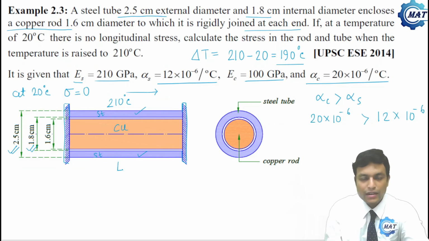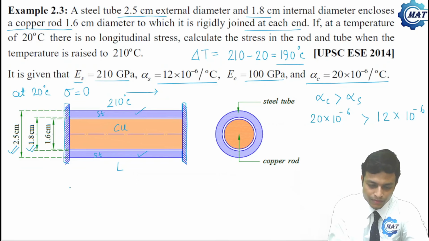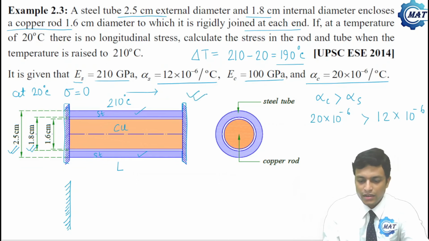Now if they are not rigidly connected, and we let them elongate freely to 210 degrees Celsius, what happens? Say this is one connection and the other connection is released, so this end is free and they elongate naturally.